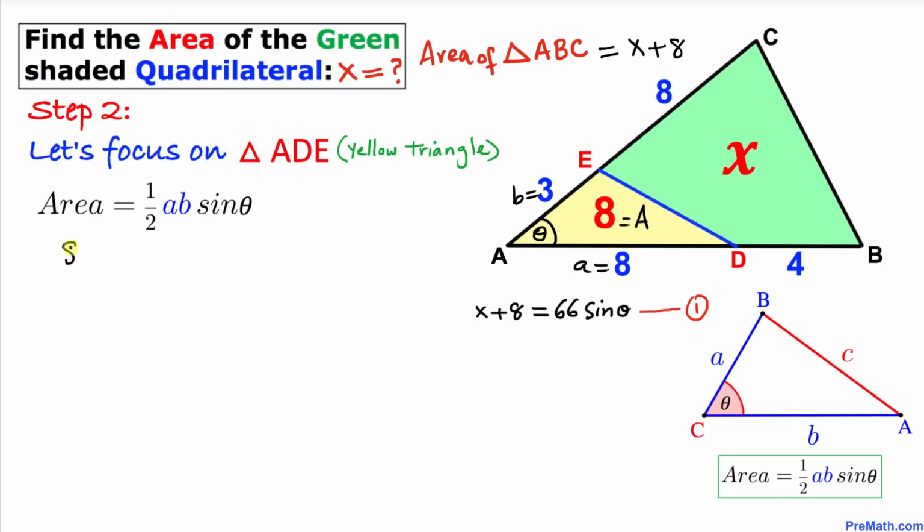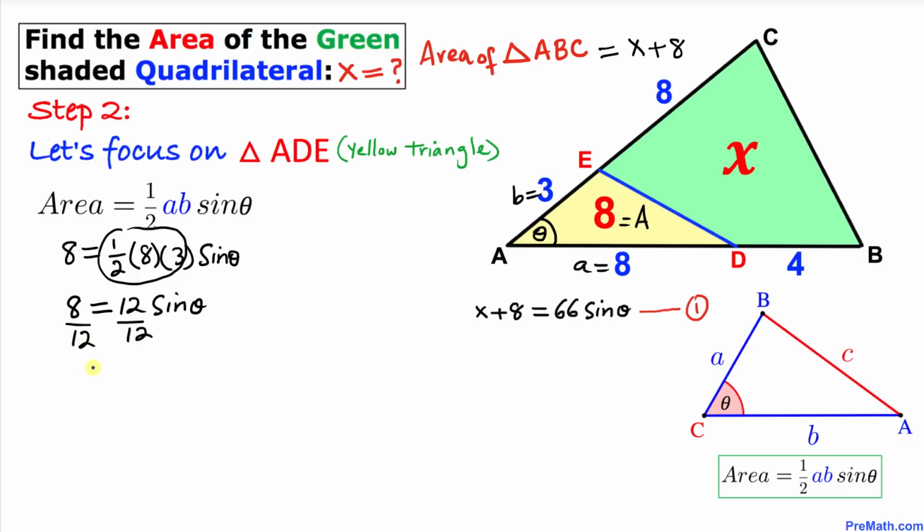So 8 equals a half times 8 times 3 times sine of theta, and when we simplify, that gives us 8 equals 12 sine of theta. Let's divide both sides by 12. So sine of theta turns out to be 8 over 12, which reduces to 2 over 3.